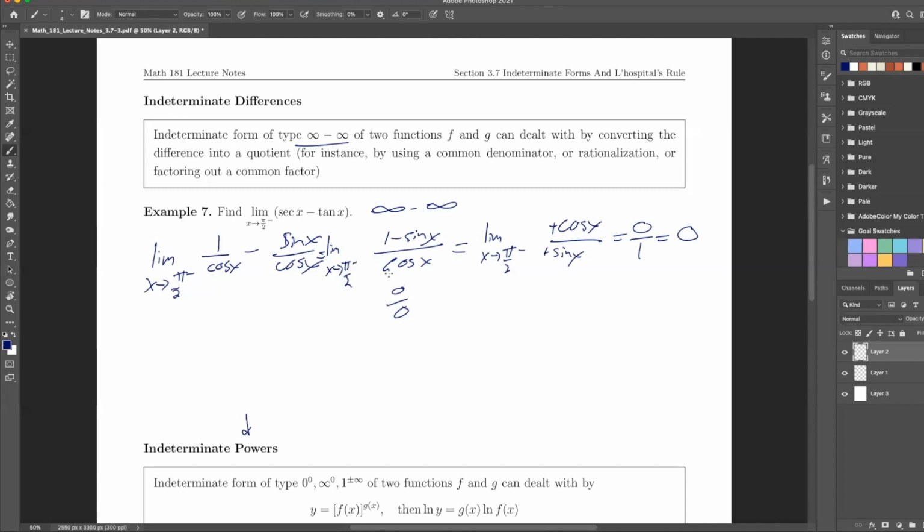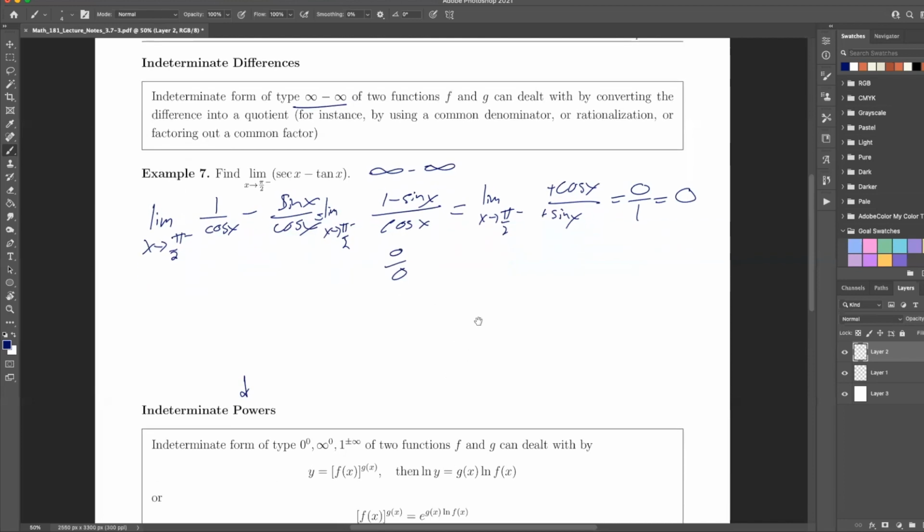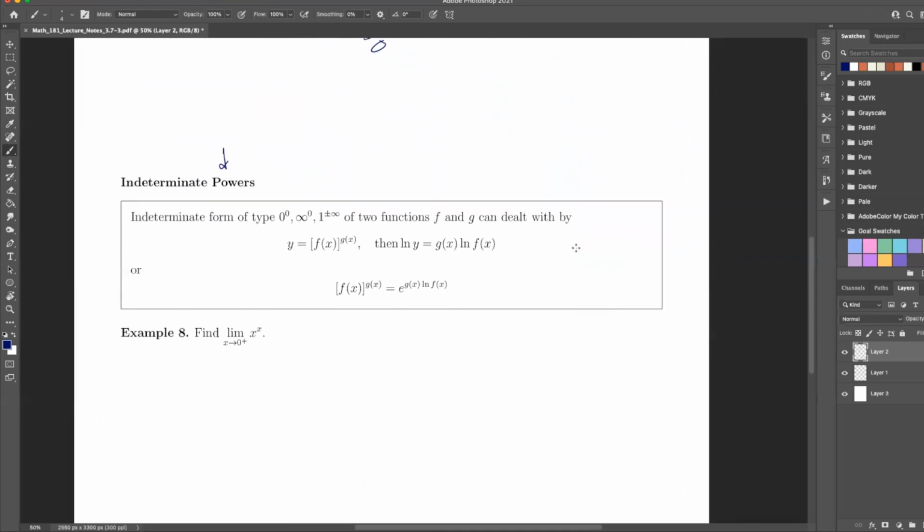If you have one of these many indeterminate forms, try to make it a quotient that is 0 over 0 or infinity over infinity, and then take the derivative. If you put it into a quotient and it doesn't equal one of those, well, that means there is a different method to solve it than L'Hopital's rule.